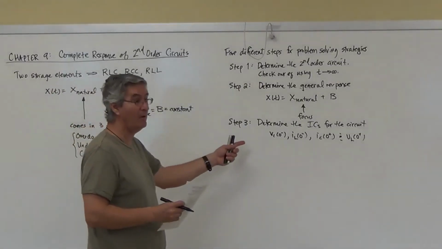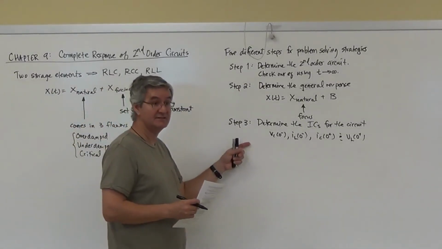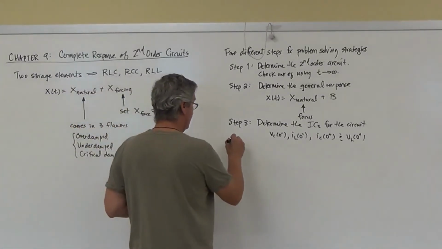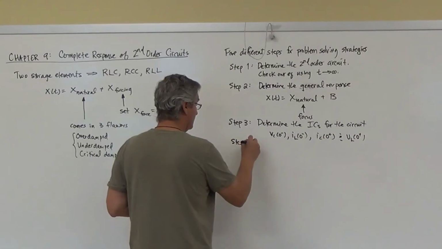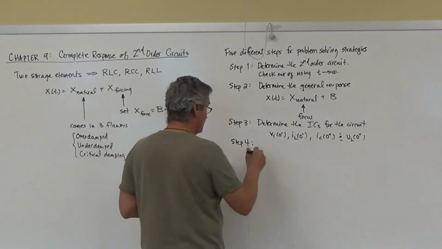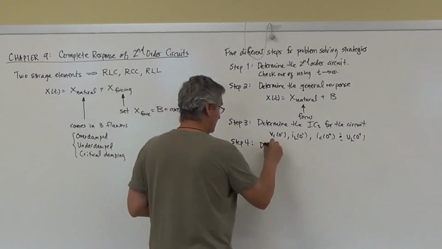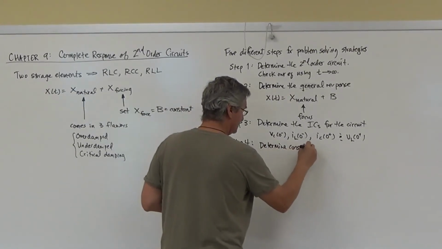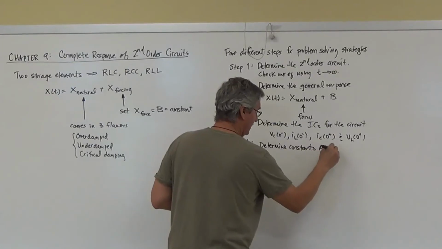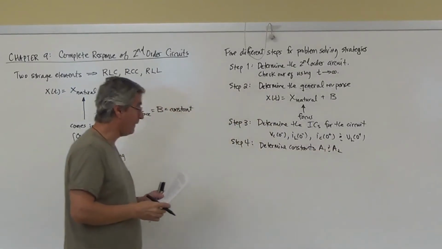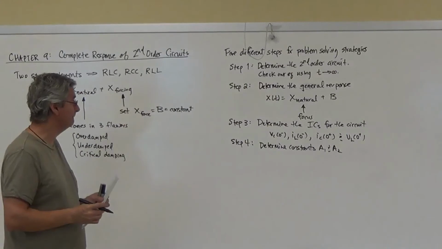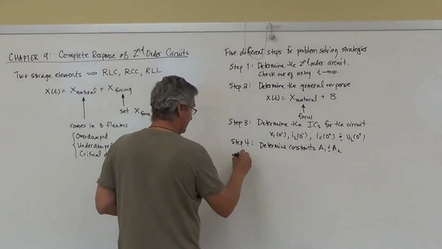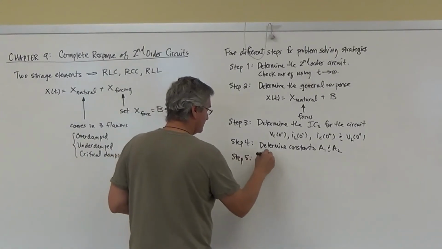That's a step all by itself, right out of chapter 7. Then the next step is to determine constants A1 and A2. And finally, step 5, we solve the circuit problem.